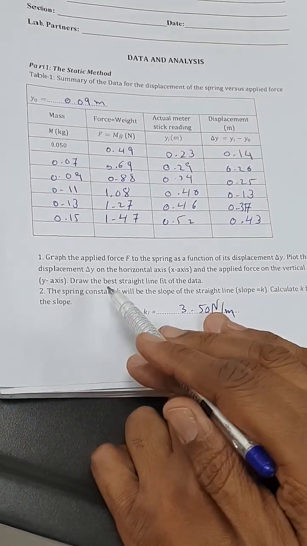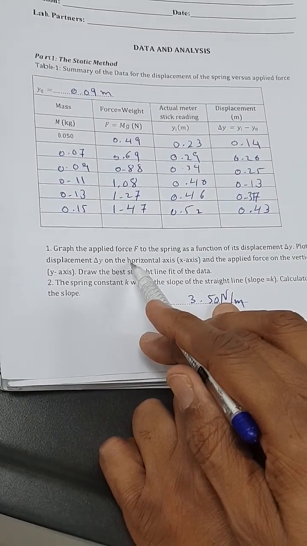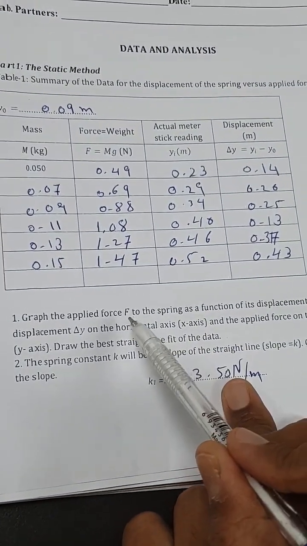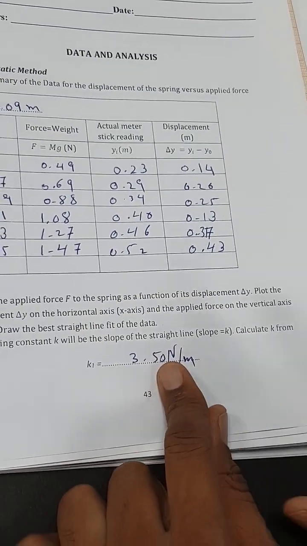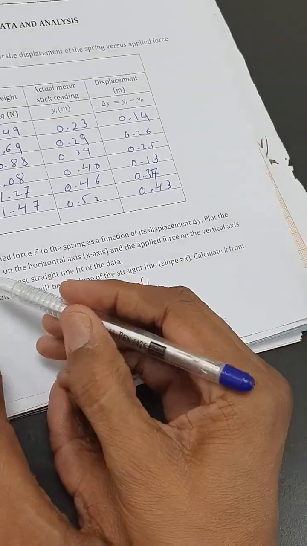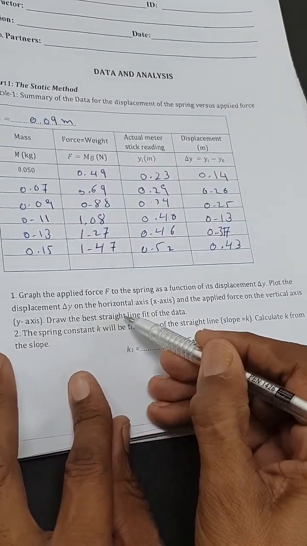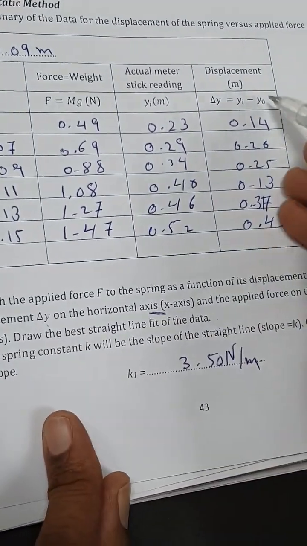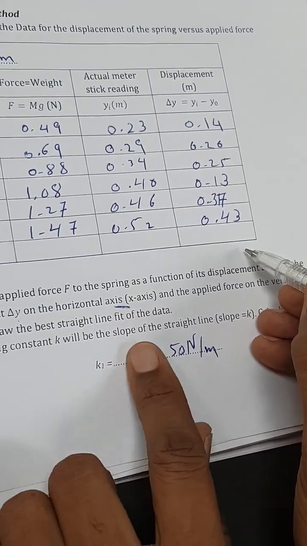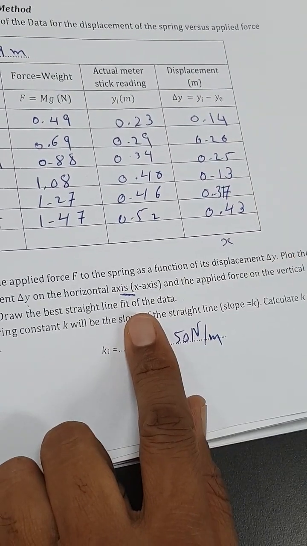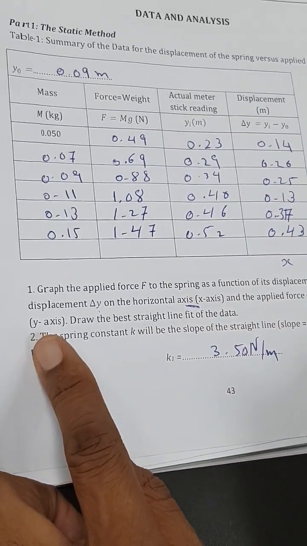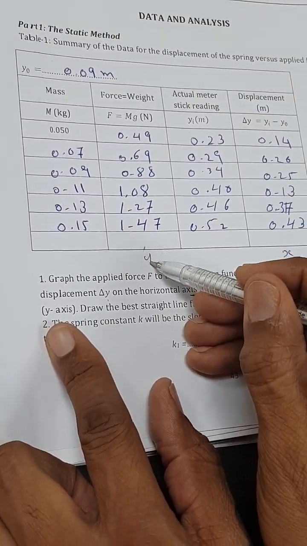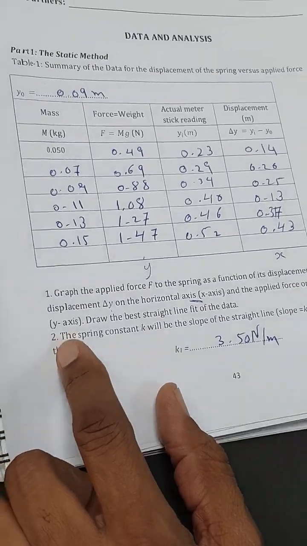The instructions say that for the graph of applied force versus spring displacement, we make a graph between the force and the displacement. He mentioned that the displacement delta y will be on the horizontal x-axis, and the applied force on the vertical y-axis.